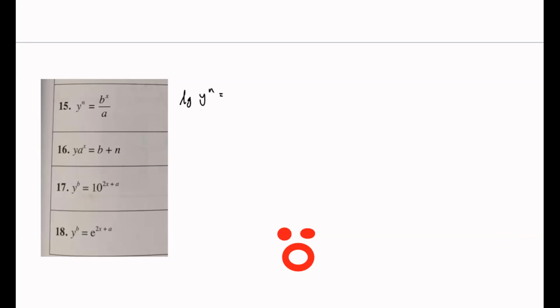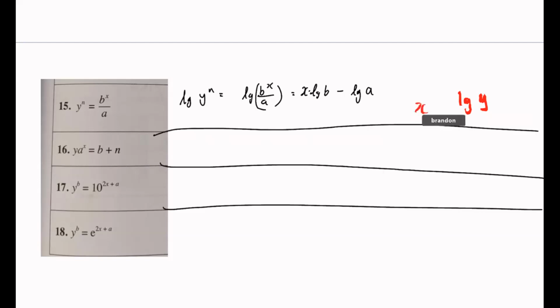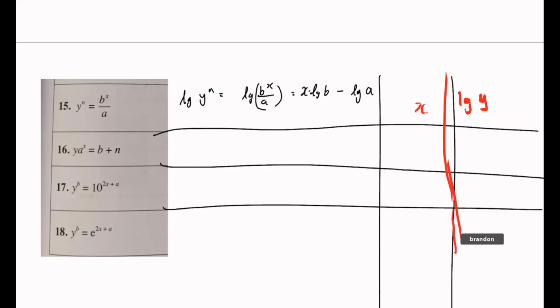LG y to the power n equals LG of b to the power x over a, which is LG b to the power x, bring down the x, then minus LG of a. So what's my x and what's my y? Oh, wrong. Should be capital X, capital Y.